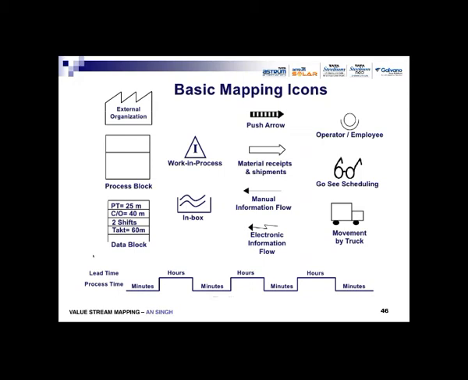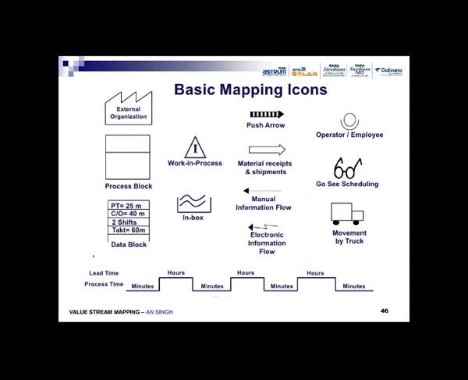Then the material received, and the information flow is indicated with arrows. Electronic information is shown with a zigzag. The operator's phone is a unique symbol, and go and see the schedule means which needs to be inspected and physically seen.